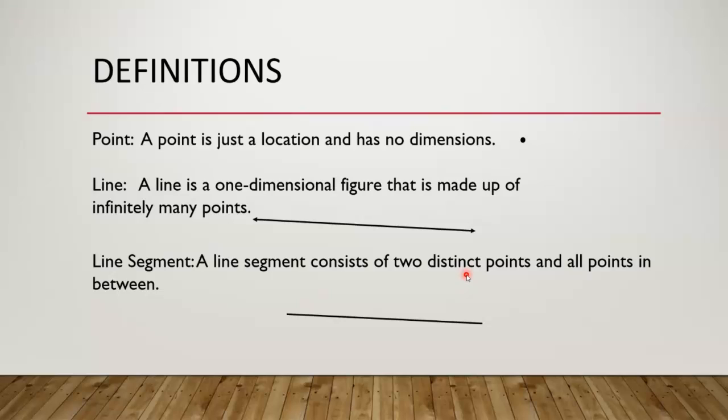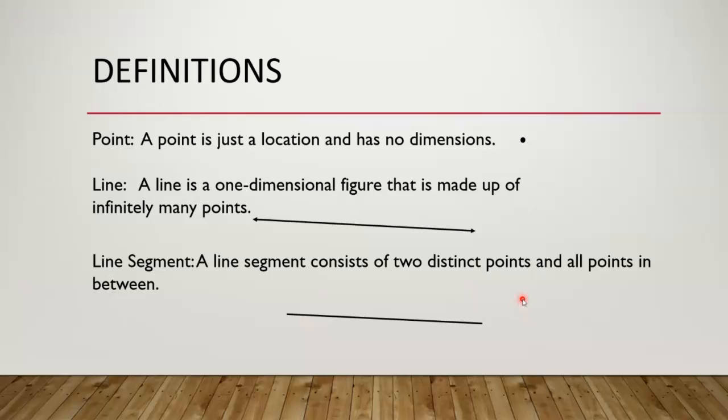They don't coincide. A line segment is essentially a part of the line. Again, it consists of two distinct points and all the points in between. It only has one dimension, left and right. So that's one dimension.